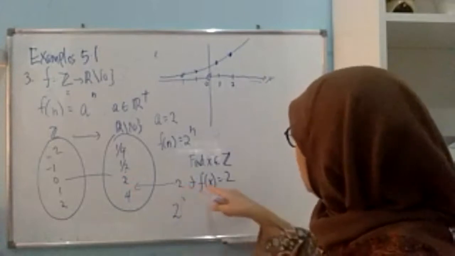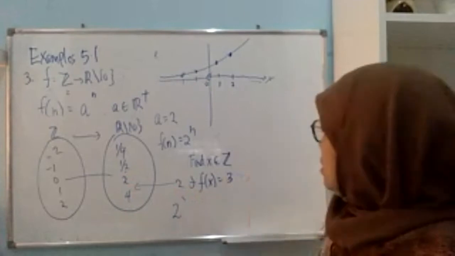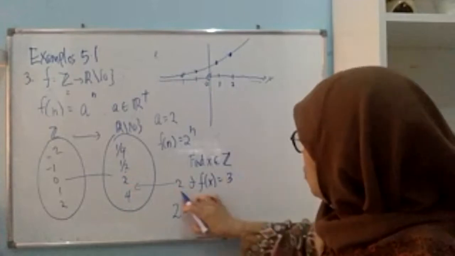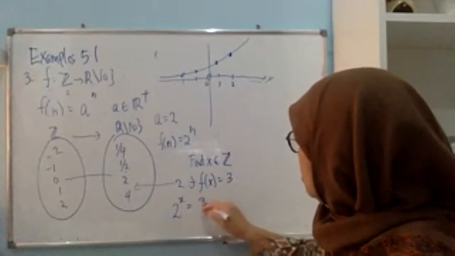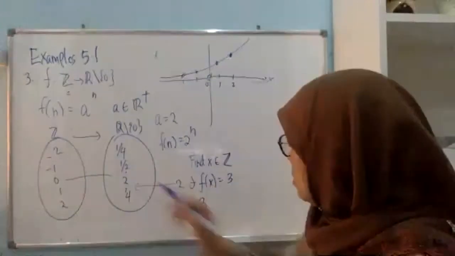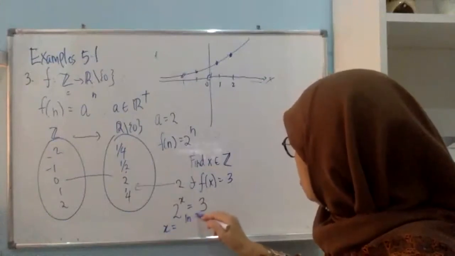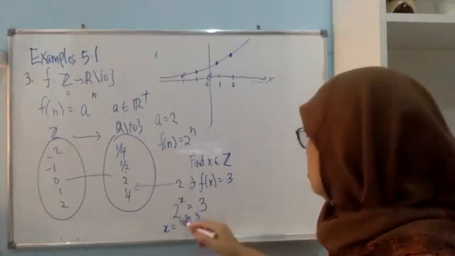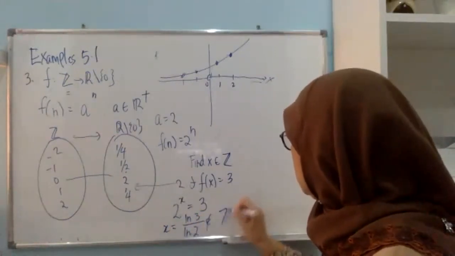I don't want 2 then. I want 3. Okay, 3. Okay, 2 to the x is 3. What is x? x is ln 3 over ln 2, which is not in Z.